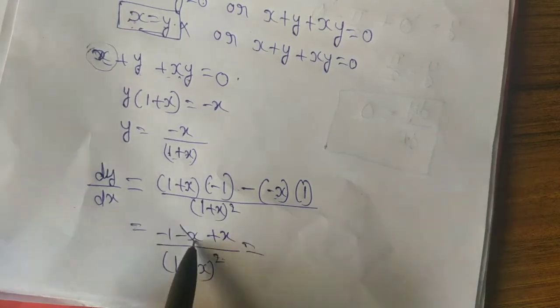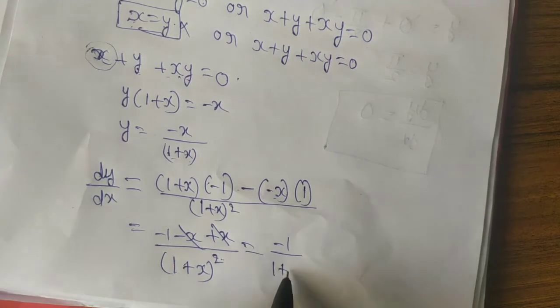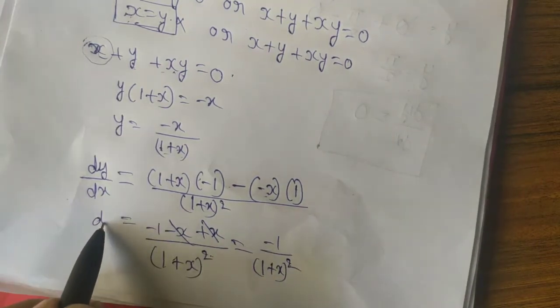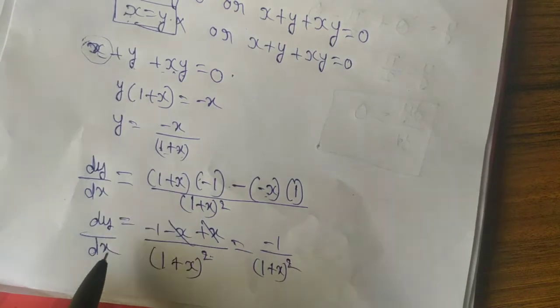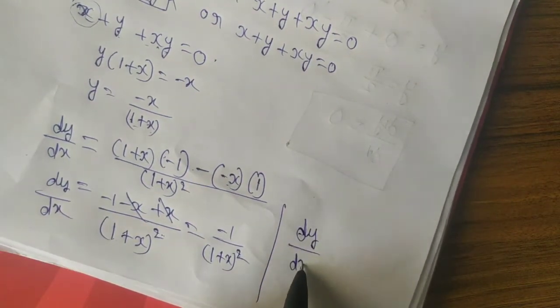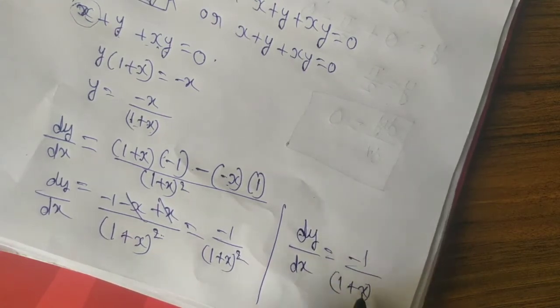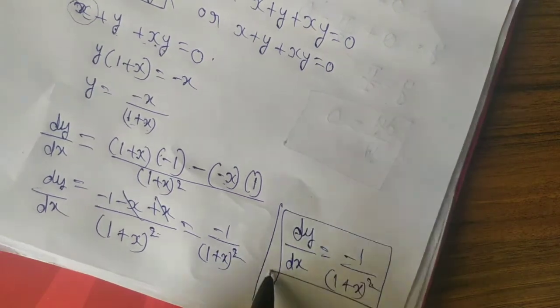So minus and minus cancel, so we are left with minus 1 upon 1 plus x whole square. So this is the value of dy upon dx. So hence dy upon dx is equal to minus 1 upon 1 plus x whole square.